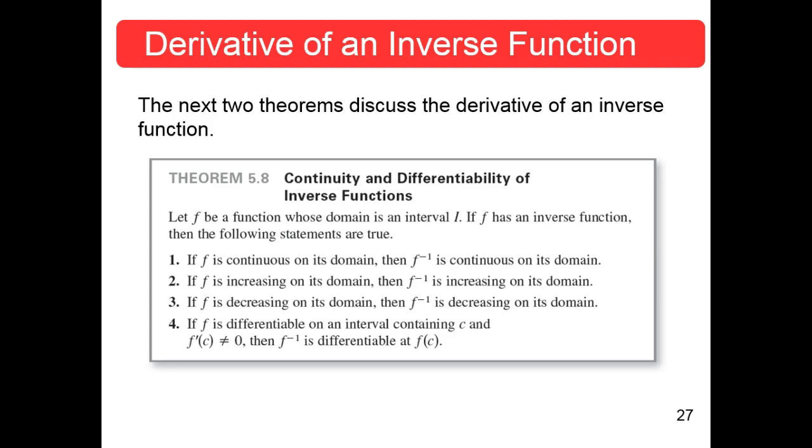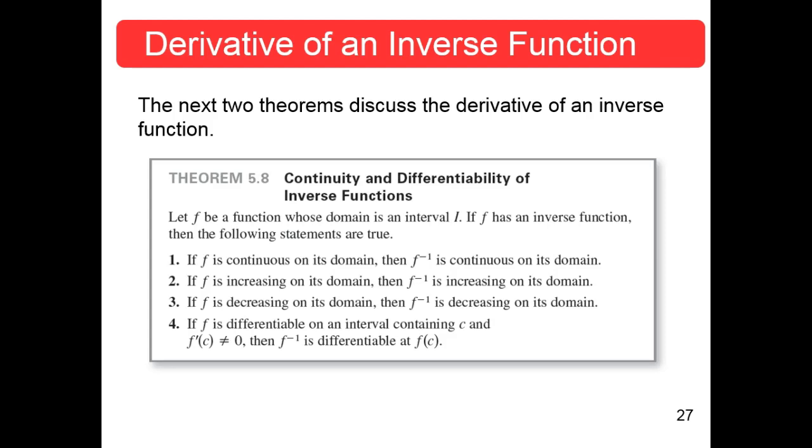If f is a function whose domain is the interval I, and if f has an inverse function, then the following statements are true. If f has an inverse, its domain is I, f has to be continuous on that domain. You don't have any gaps or breaks in an inverse function, okay? Then f inverse is also continuous in its domain.